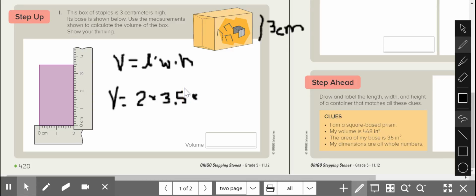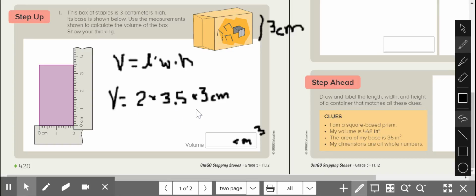My height is 3 centimeters. Okay, I'm going to go ahead and write centimeters cubed. If I'm going to write volume, that's how I'm going to come up with that amount. I'll ask you guys, go ahead and solve the rest of this problem.